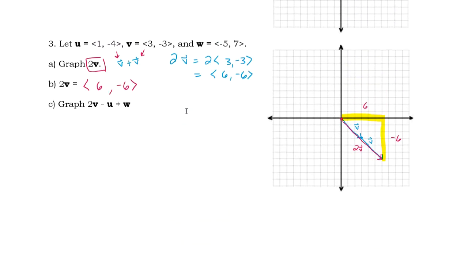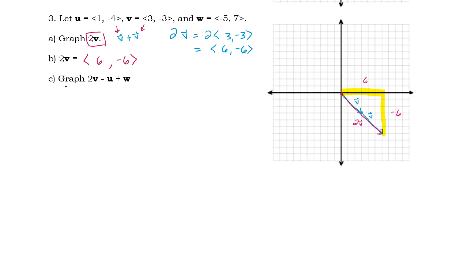So let's come back over here. Now we're going to put all those properties together, and we're going to do 2 times vector v minus u plus w. And I want to do this in 2 different ways. I want to do it by graphing, and then I also want to do it by algebraically finding the components of this vector.